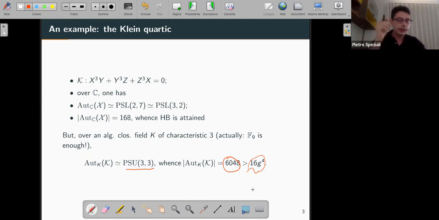So we start thinking, okay, well, the characteristic is 3. So I can expect that the Sylow 3-subgroups might be bigger, which is actually what happens. Here you have a Sylow 3-subgroup of size 27.